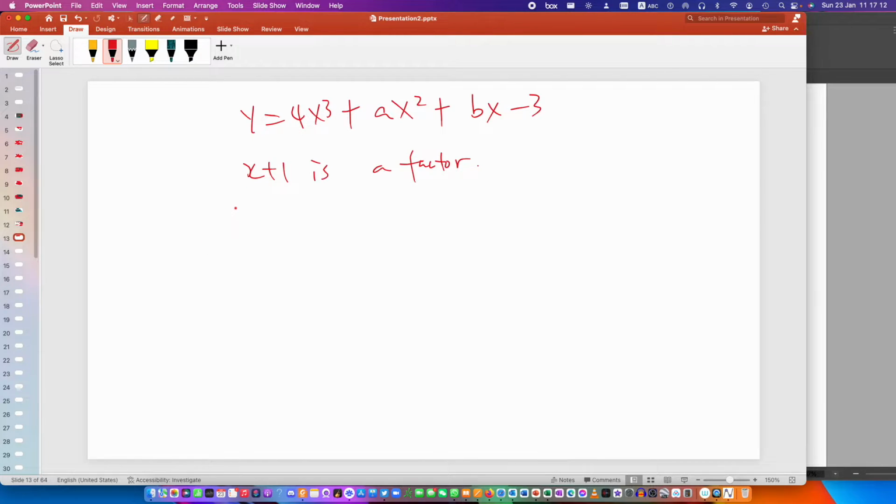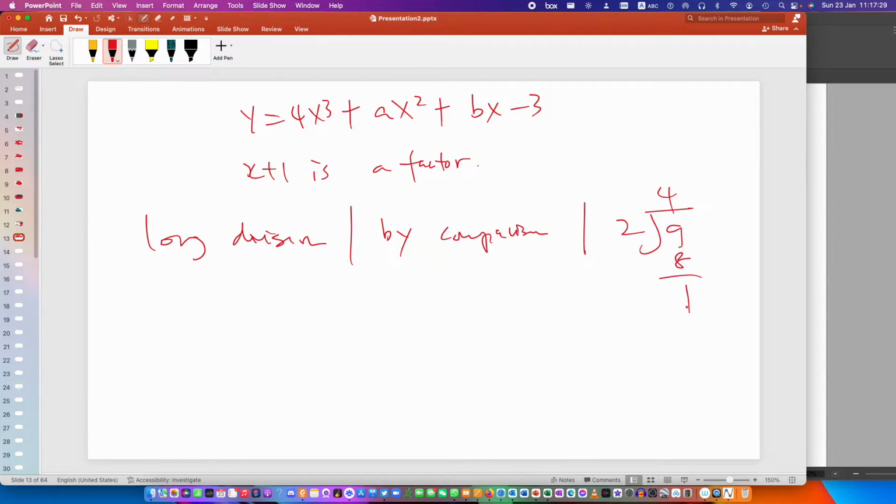I want you to think of a polynomial every single time as something you can use long division on, or by comparison. Can you use long division here?